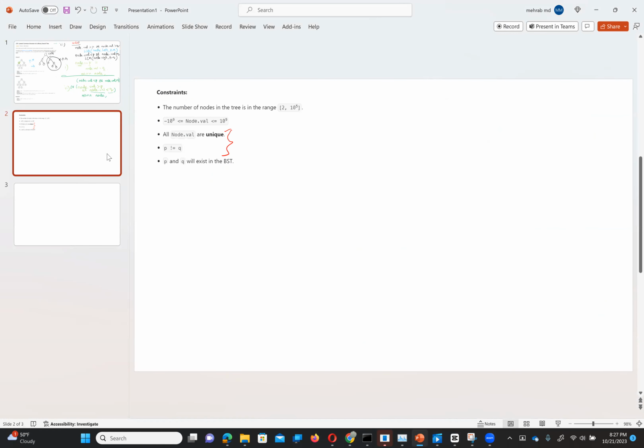So in that case, we can say that the time complexity is order of n, and the space complexity we know for DFS is also order of n, because if you are doing it recursively, then we are building a call stack, and in the worst case, we'll be going down n steps.